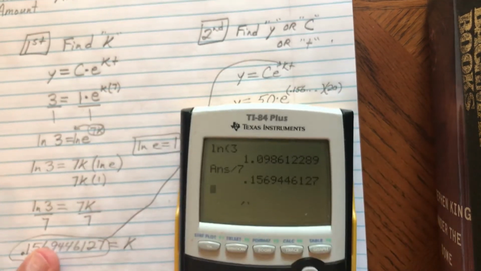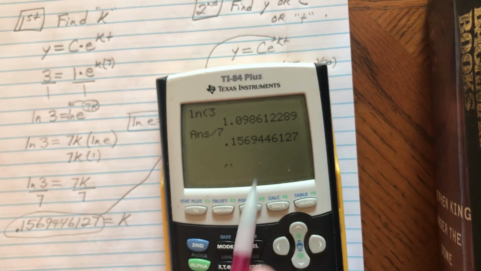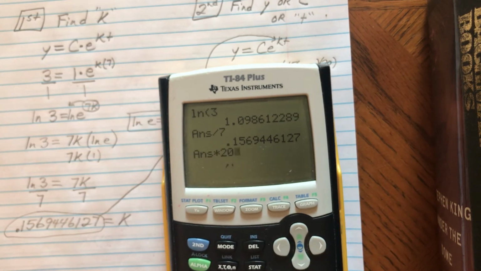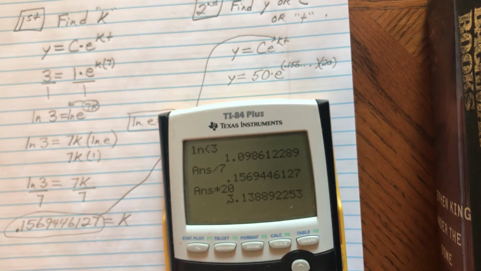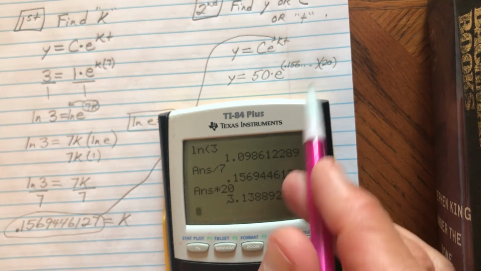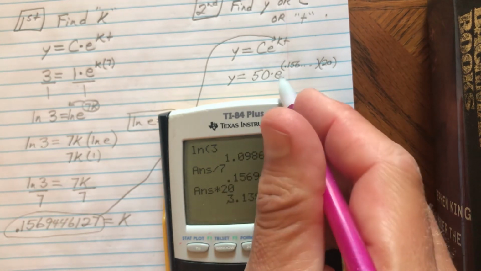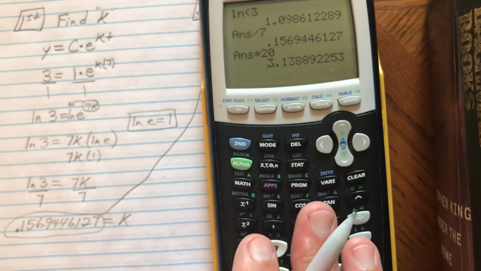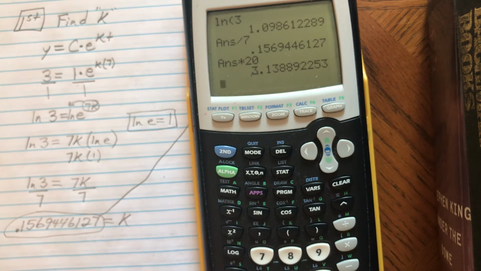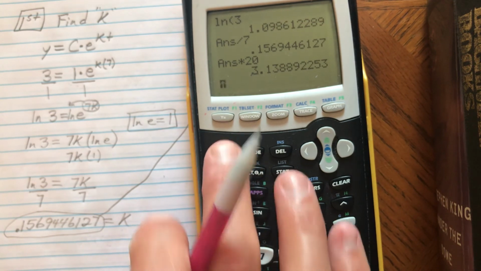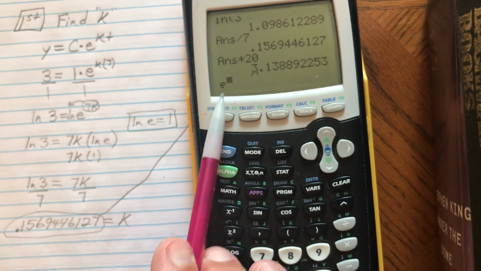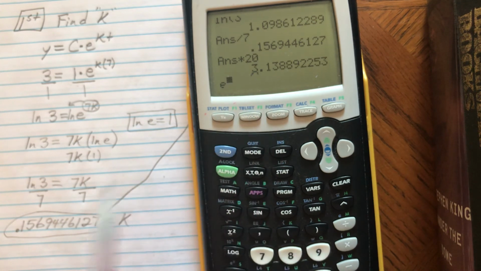So let's just do this step by step. I still have my K value on my calculator. I'm going to multiply it by 20. That's my exponent. This answer, this 3.13, is going to be the exponent of my e. So I would then hit, look right above the natural log key, second natural log, and then your exponent is going to be this 3.13 number.